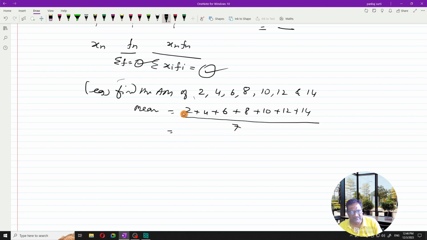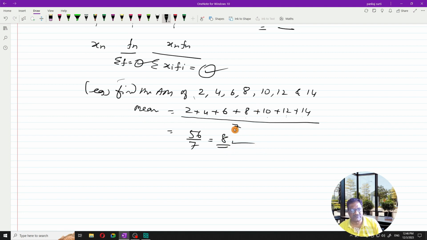If you add this up, 2 plus 4 is 6, 6 plus 6 is 12, 12 plus 8 is 20, 20 plus 10 is 30, 30 plus 12 is 42, 42 plus 14 is 56. So this will be 56 upon 7, which works out to 8. So your mean is 8.